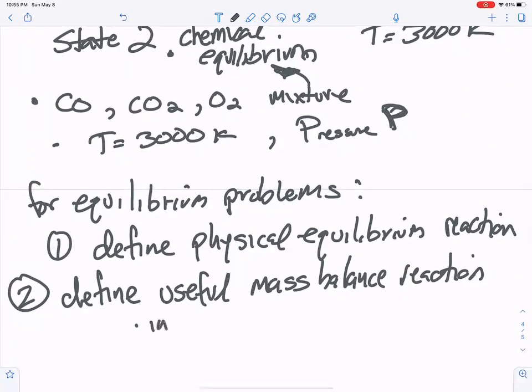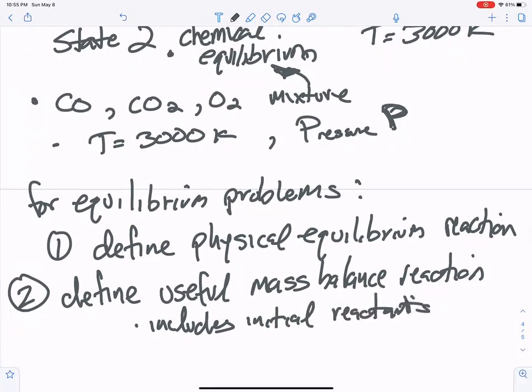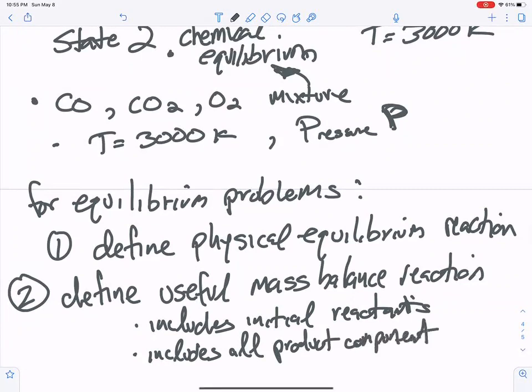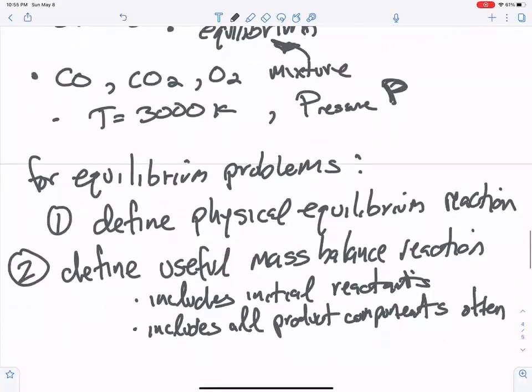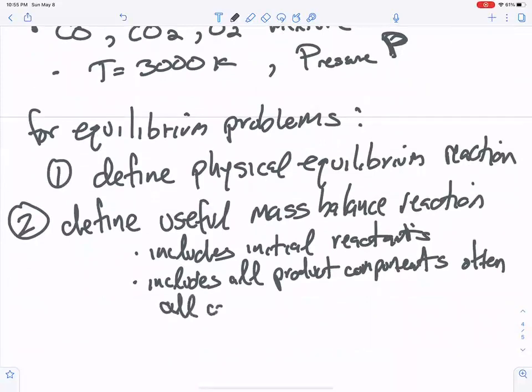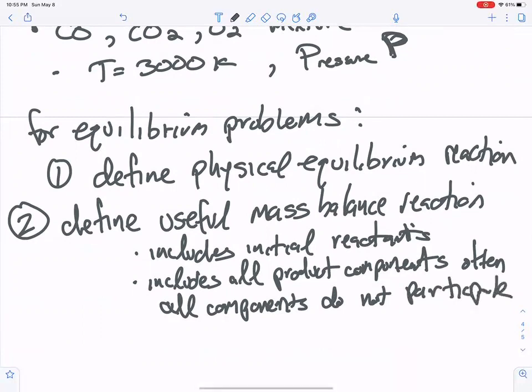So this useful one includes initial reactants and includes all product components, often all components that do not participate in this equilibrium constant, only total moles.